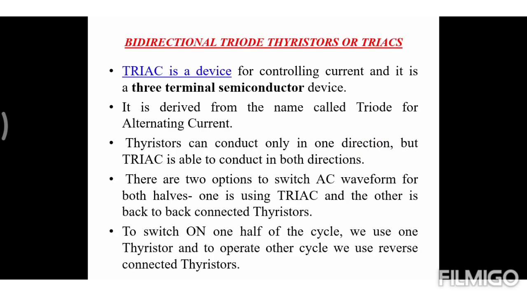Next, bidirectional triode thyristor, or TRIAC. A TRIAC is a device for controlling current, and it is a three-terminal semiconductor device. This TRIAC is mainly a current controlling device.